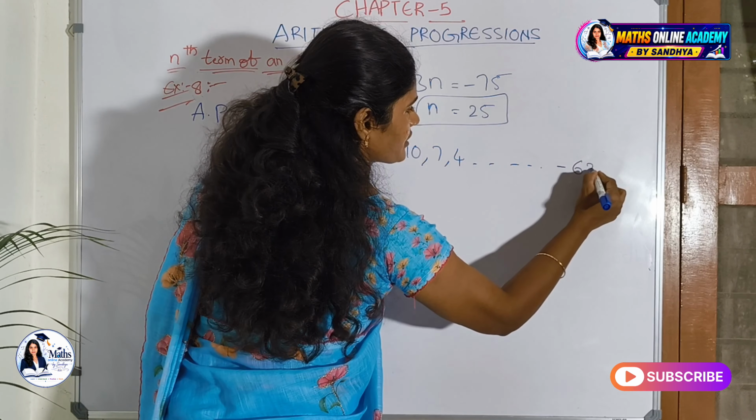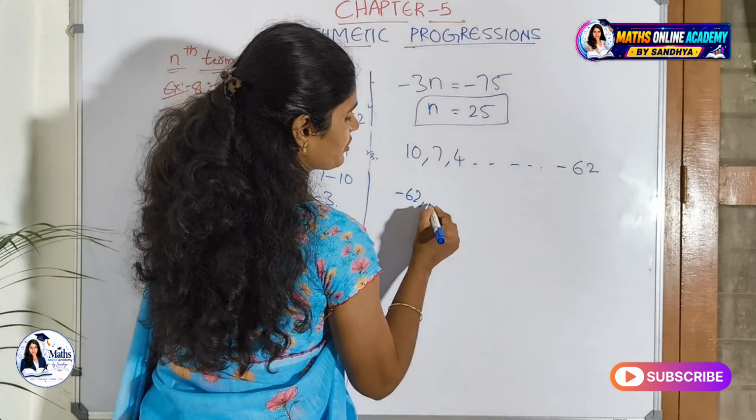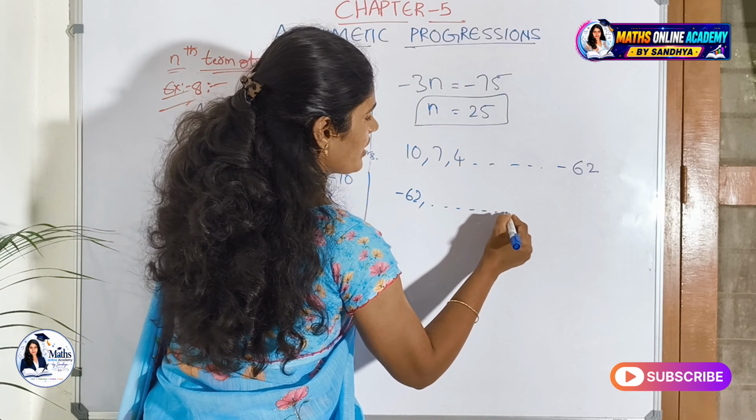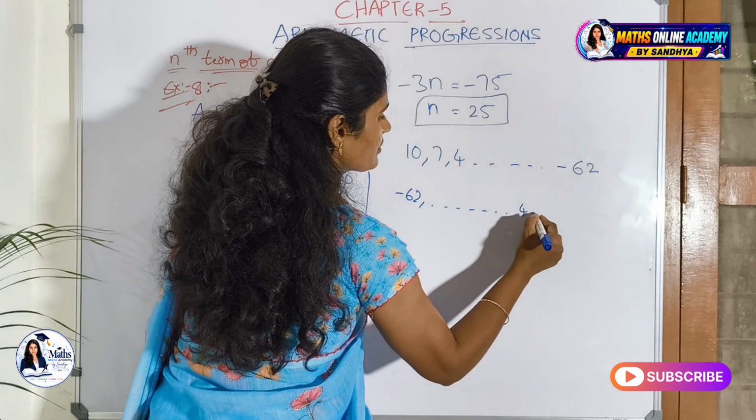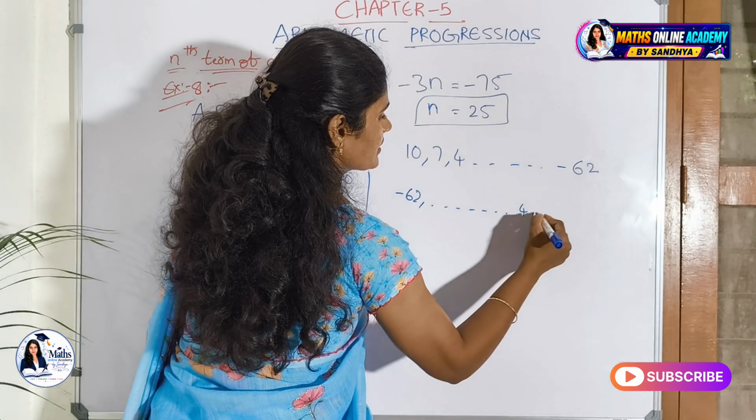So from this, the 11th term. If you take the reverse, it is easy. For example, minus 62, and here we don't know what the term is, and so on, 4, 7, 10. Can you write? Okay. From here to the 11th, in this you take a as minus 62.